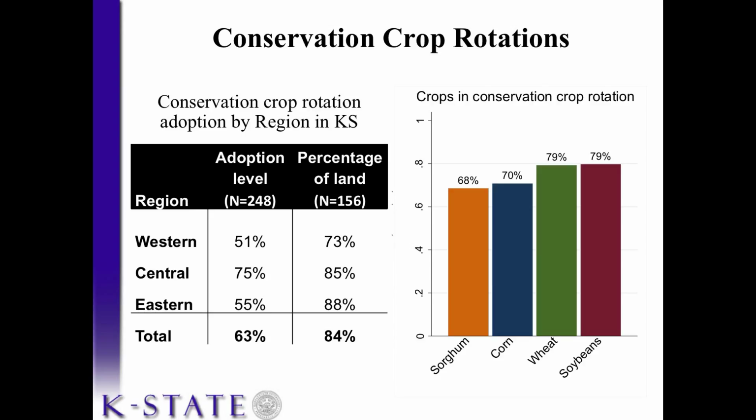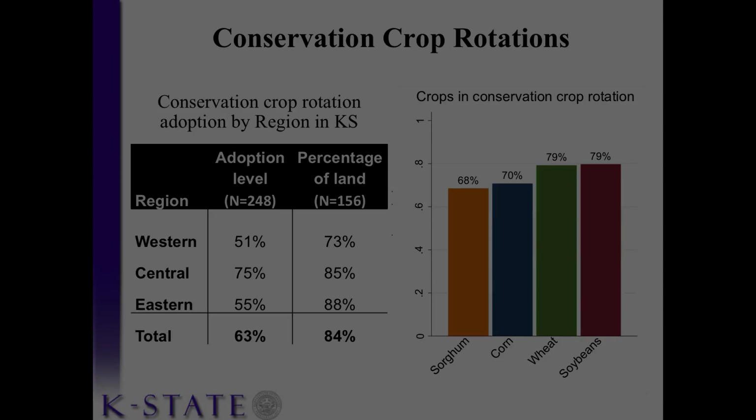This is a sample of farms in Kansas, but it's the bigger farmers that are adopting these conservation cropping rotations. So they're moving to planting 3 crops. And the diversity really helps, especially if you have a bad crop year. And it's pretty much all crops being rotated. We didn't find one crop just being excluded.